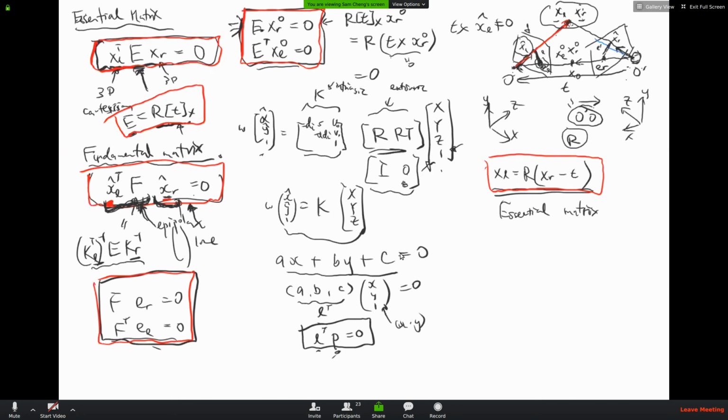Okay, I know this is kind of small here again. I have this point xr hat here. I'm given this point xr hat on the white screen, and I'm interested in finding the epipolar line.